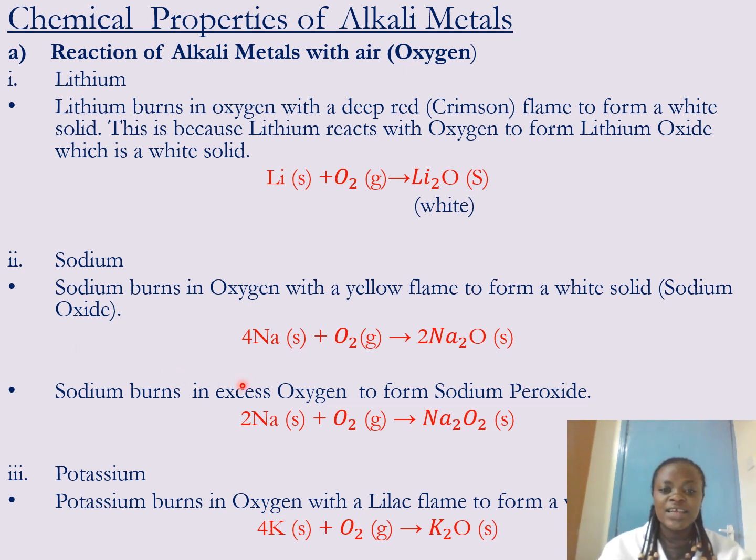You can see the reaction: sodium plus oxygen gives us sodium oxide, a white solid. The equation is balanced and the state symbols are okay. We have 4 sodium, and 2 times 2 is 4. We have 2 oxygen on this side and 2 on the other. So the equation is balanced.